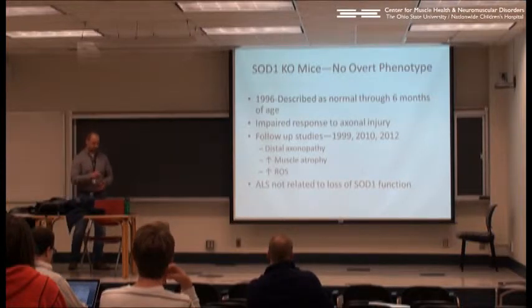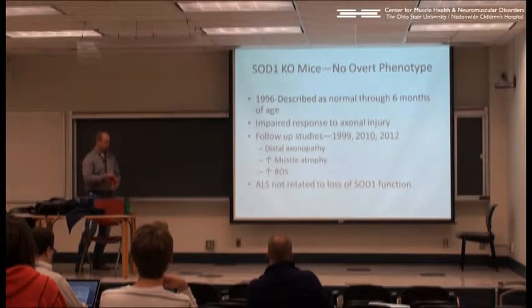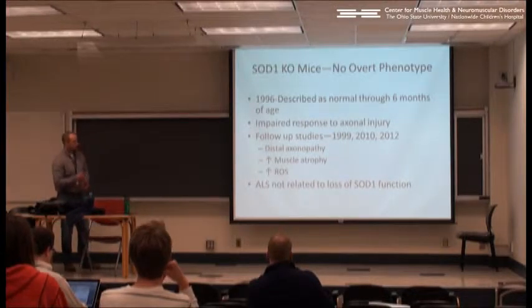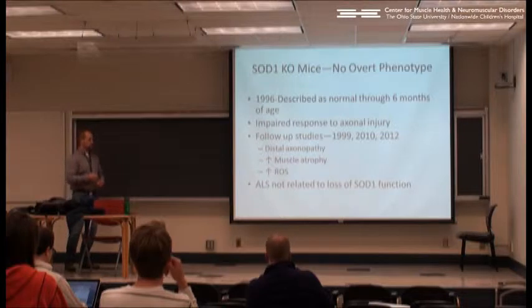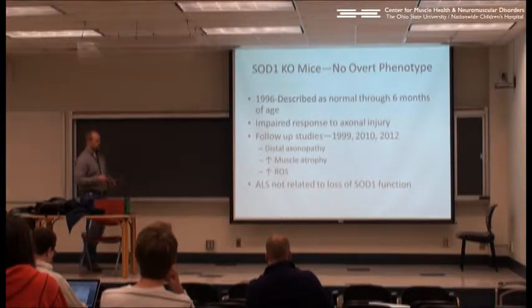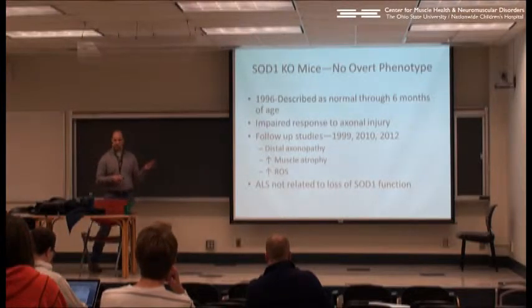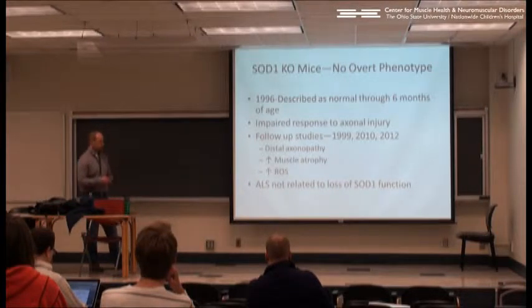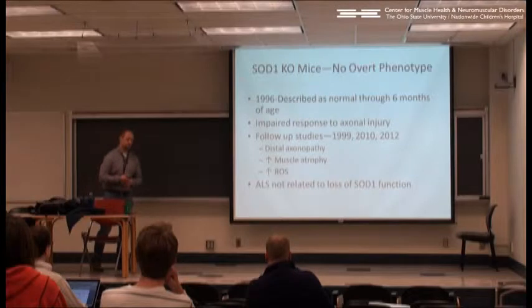Subsequent follow-up studies, which followed the animals longer, have noticed that SOD1 knockout mice have a distal axonopathy, with degeneration of their axons near where they connect to the muscle, increased muscle atrophy compared to control, and increased reactive oxygen species.